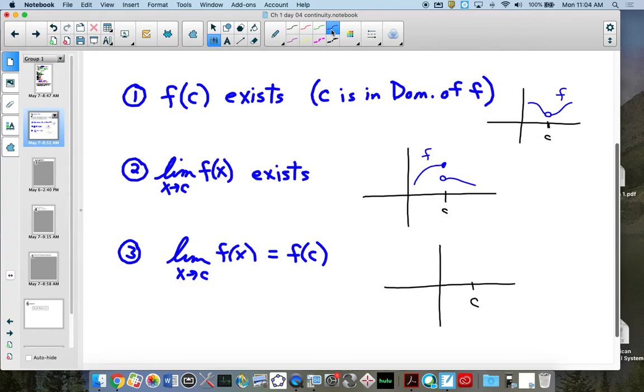We could have something like that. First, f of c exists, check. Does the limit as x approaches c exist? Check. But the limit does not equal the value of the function. So all three of those are your three-part test for continuity at a single point.